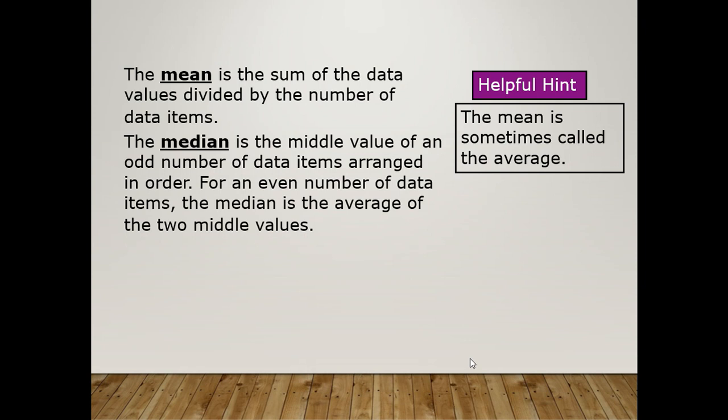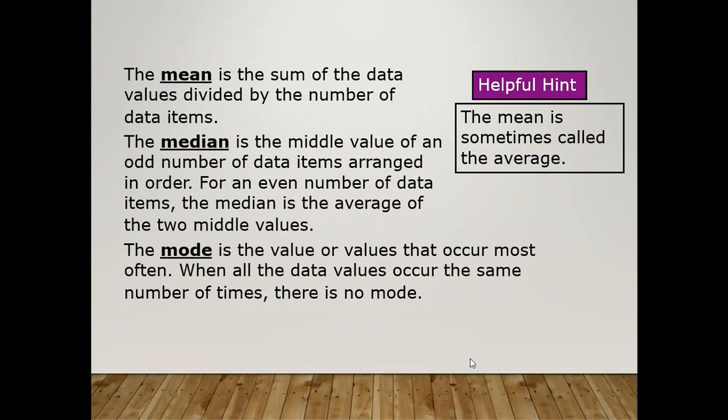And kapag naman even number yung data set natin, we will be getting the two middle values, and then ipag-add natin siya, and then divided by two, and then yung magiging answer doon, yung magiging median ng entire data set natin.